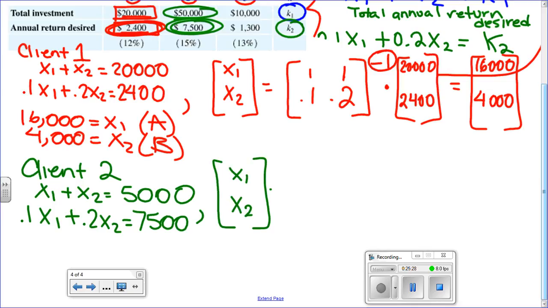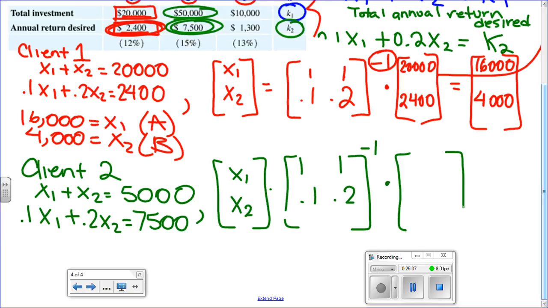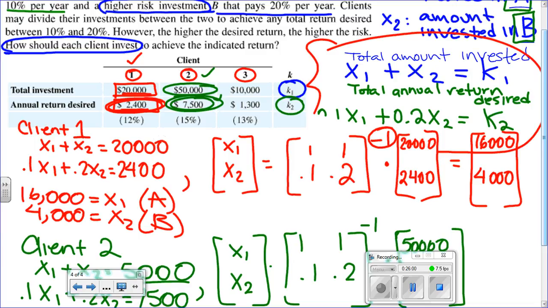So if we do the same idea. Remember, here we're talking about different clients, so we use the same coefficient matrix, and we need the inverse of that, and we multiply it by the constants: the total amount he or she is investing, which should be 50,000, and the return desired, 7,500. I got these numbers from the table, right here.